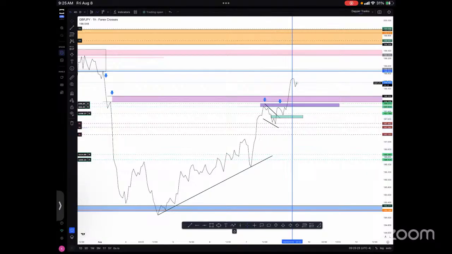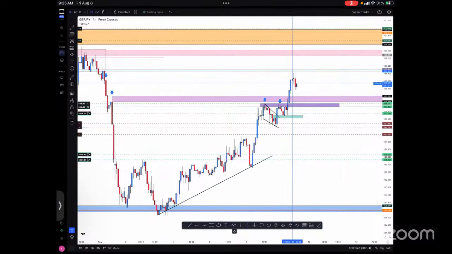You see how this trend line is drawn, and how many touches do you see? One, two, three, four. That tells me I'm in a what type of market? Bullish market.